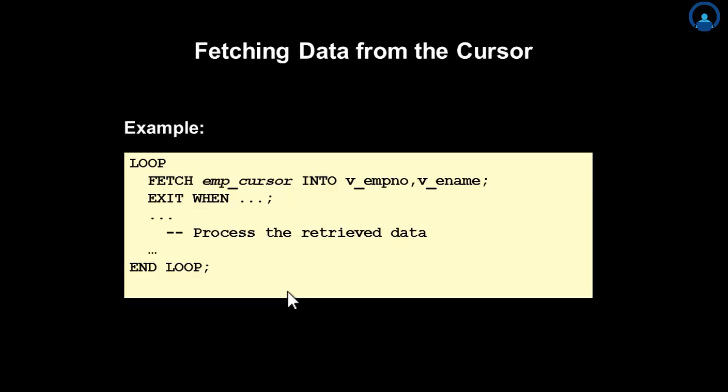BEGIN OPEN emp_cursor; FOR i IN 1..10 LOOP FETCH emp_cursor INTO v_empno, v_ename; use DBMS_OUTPUT.PUT_LINE and print the value of empno with a space with v_ename; END LOOP; and then end the procedure.